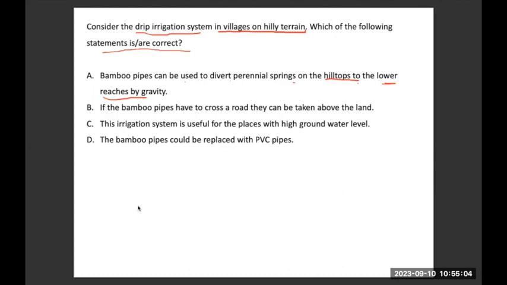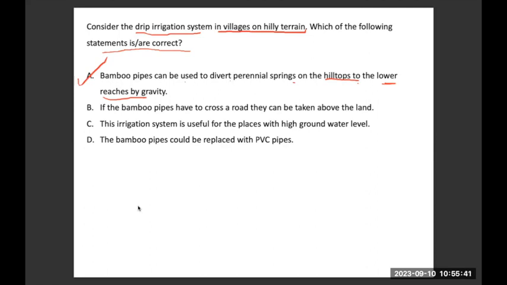The key on a hilly terrain for using any irrigation system is diverting water by some method, pipes of any type or any material, and you use gravity for the flow of water. Pump systems should not be used in hilly terrains. So A is possible.